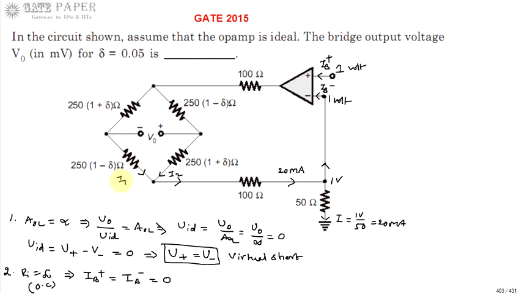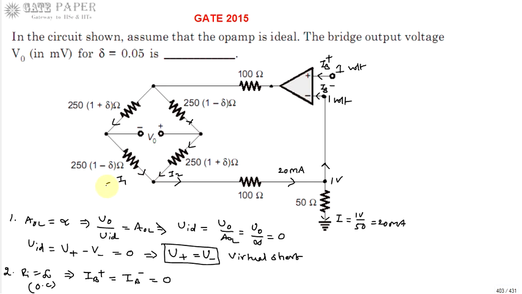Now we see the relationship between I1 and I2. I1 flows through these two resistors, along with 100 ohms and 50 ohms, and I2 flows through these two resistances in this other branch. If you observe from this node to this node, the total resistance in both branches is the same. This is 250 times of 1 plus delta and 250 times of 1 minus delta, and this is also 1 minus delta and 1 plus delta. So the total sum of the resistances from this point to this point is the same in both branches.